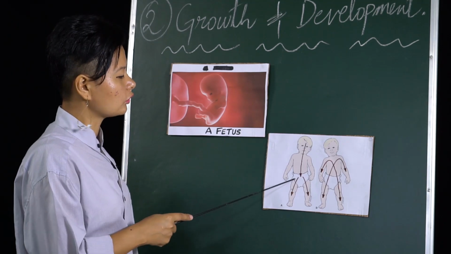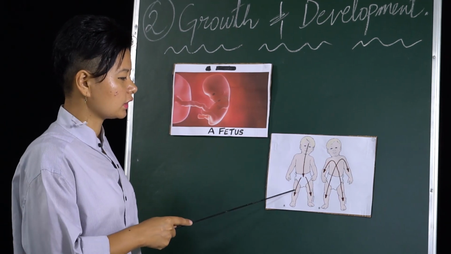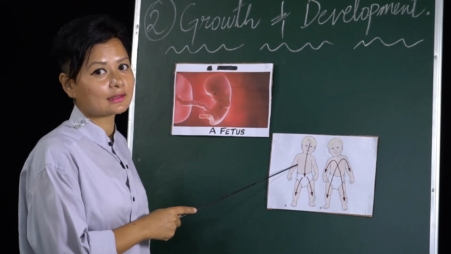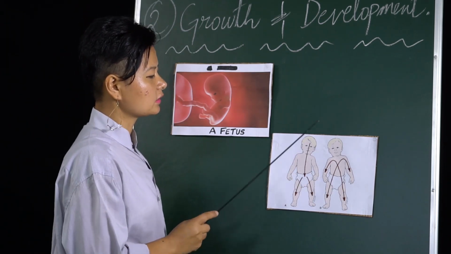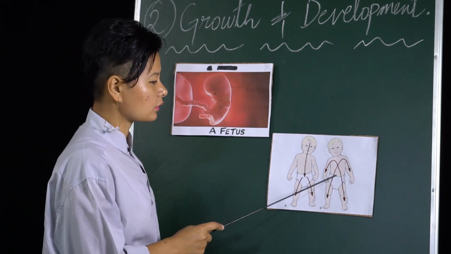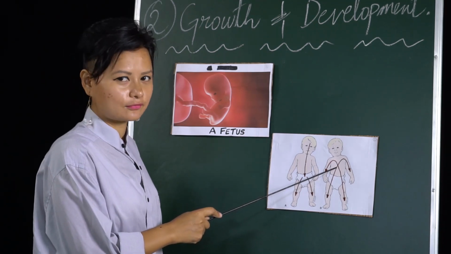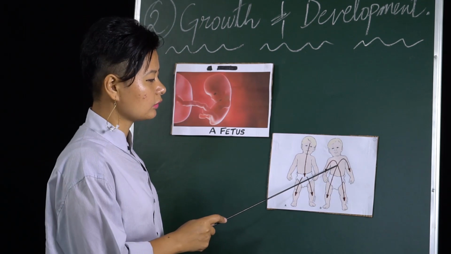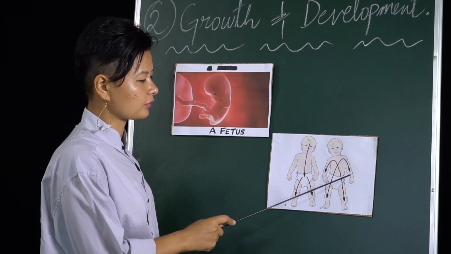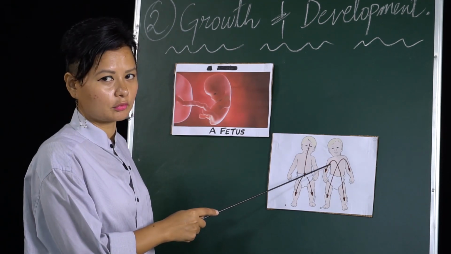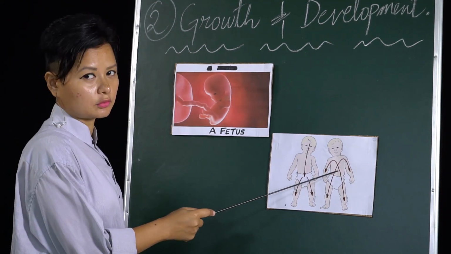So the head to toe growth and development taking place from the start, the head portion, to the other parts of the body, that is known as cephalocaudal. Okay, and then now what is proximodistal? Here, proximodistal means the middle part of the body will develop first. Center to the periphery or near to far, that is the same thing. So here from the center, it will spread to other smaller parts of the body. So that is proximodistal. I hope you are clear with what is cephalocaudal and what is proximodistal.